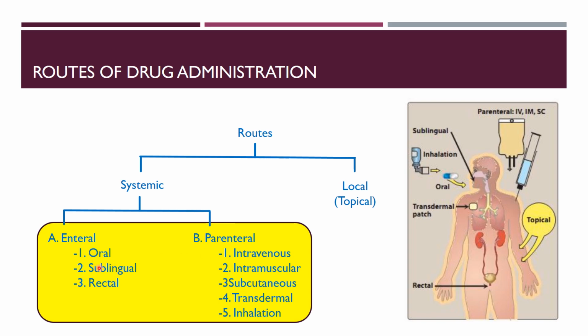Enteral has three classes and parenteral has five classes. We will start from enteral. Enteral has oral route, sublingual route, rectal route, and parenteral has intravenous route, intramuscular route, subcutaneous route, transdermal route, inhalation route.